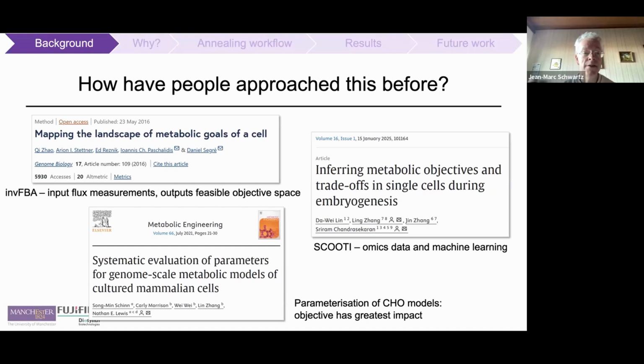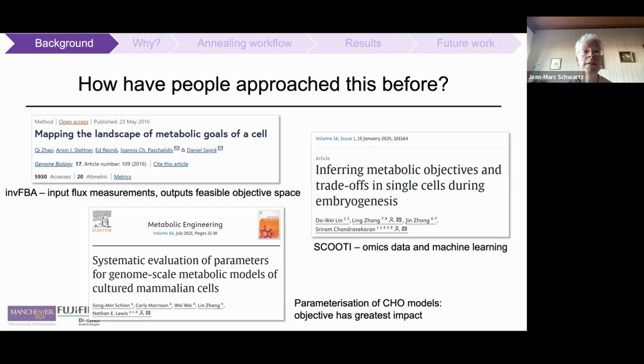So what they did was essentially to take the FBA problem and invert it. Rather than defining an objective and then calculating all the fluxes that result from it, they started from a set of fluxes and then calculated the set of objectives that are compatible with this output. So essentially they reversed the linear optimization problem.